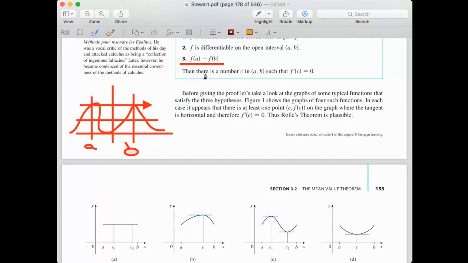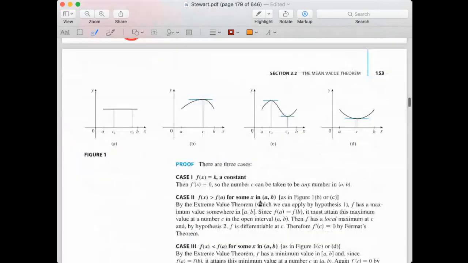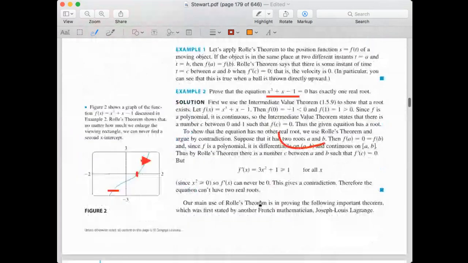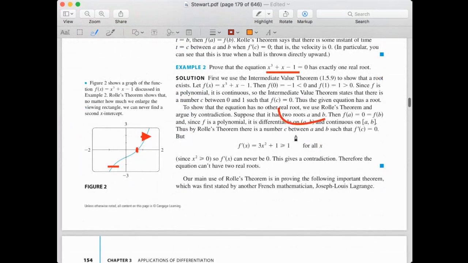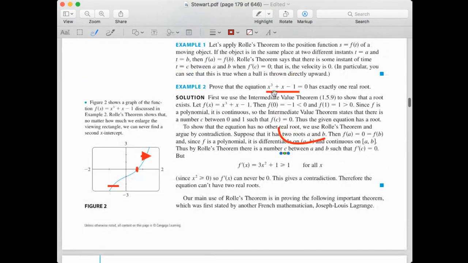So there must be a number c such that the derivative equals 0. That means we must have x equals c, where c is in between a and b, and the derivative at that point is 0. But then we take the derivative of the function: 3x squared plus 1.